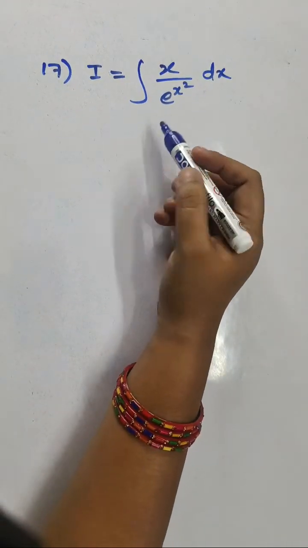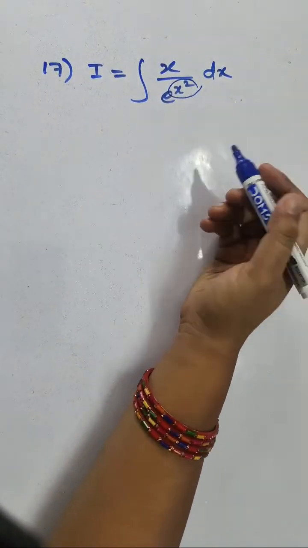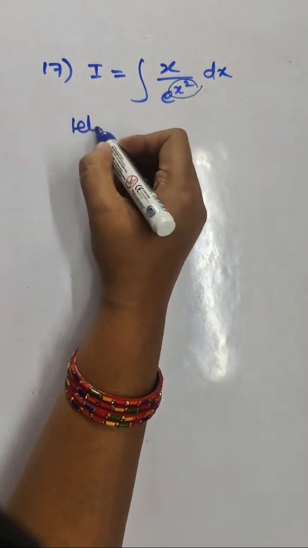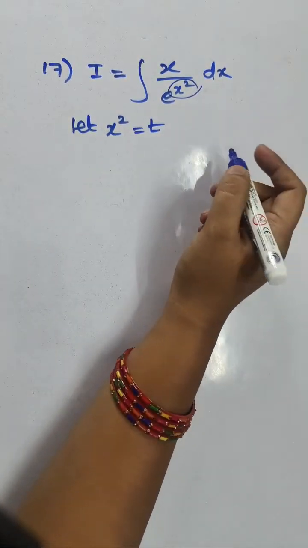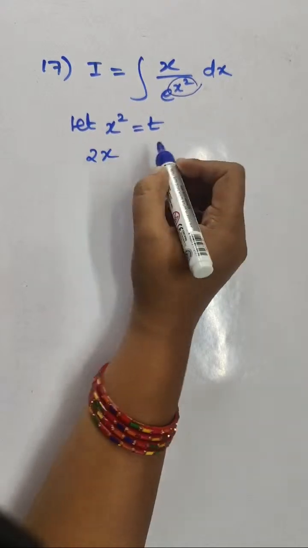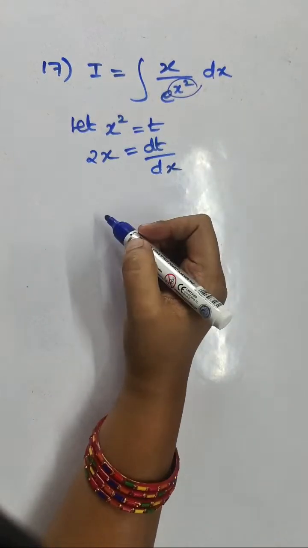So now we'll take the power one as t, so that it will be easy for us to solve. Let x square equal to t. Now differentiate both sides with respect to x. So that will be 2x is equal to dt by dx.